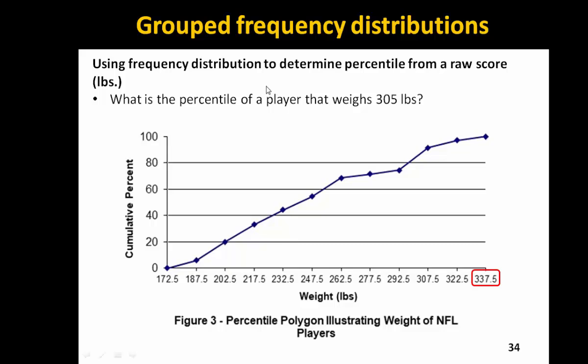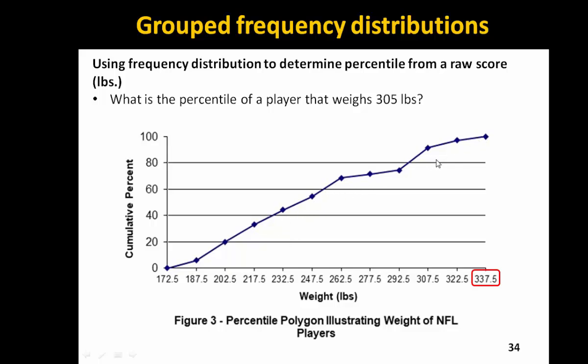And so using frequency distributions to determine percentile from a raw score is something that we'll focus on next. Here we see the cumulative percent of these scores, where at the very top end it should be 100, and that's exactly where we are. That indicates that at a weight of 337.5 pounds, 100% of the players have a weight at or below.